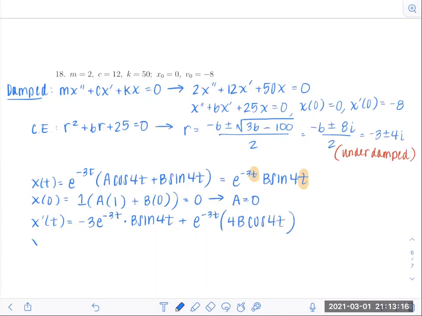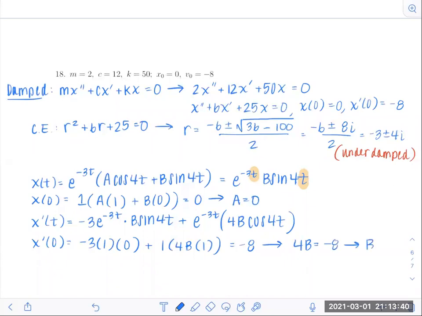All right, so now let's evaluate this first derivative at 0. That's going to give me negative 3 times 1 times 0 plus 1 times 4B times 1. And all of this equals negative 8. So when you sift through all of this, we have 4B equals negative 8.